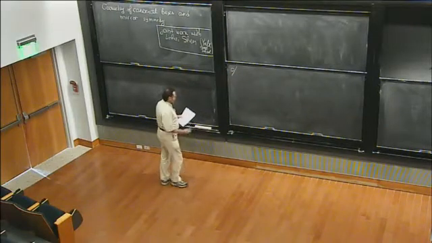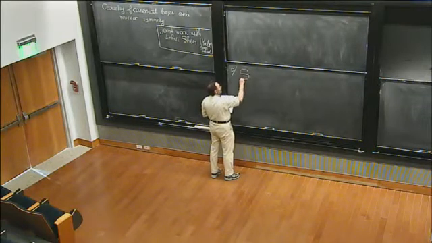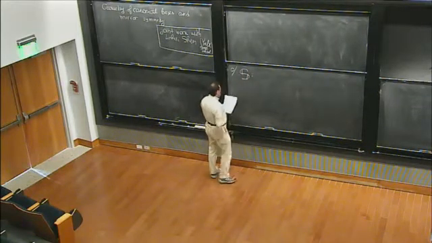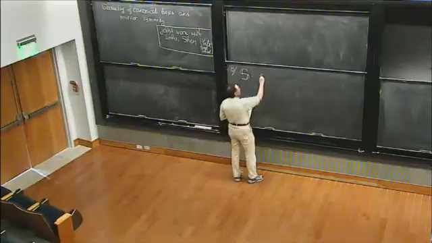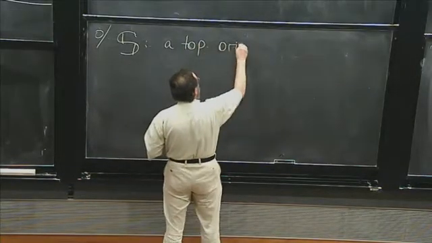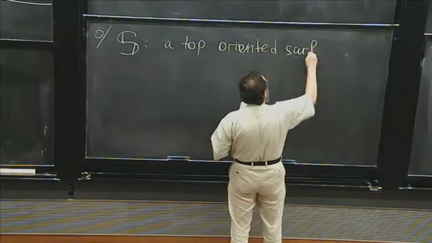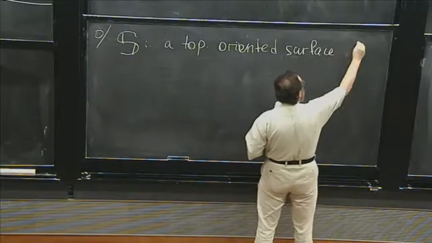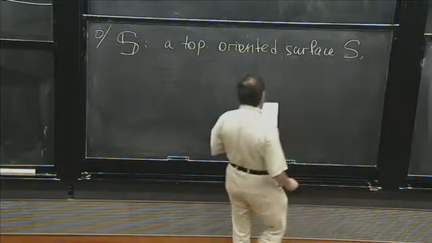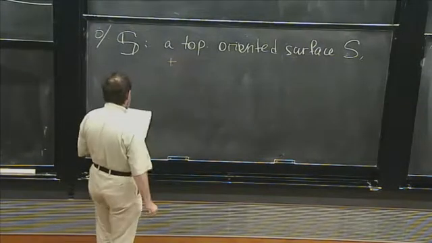So what is the initial data? I start with topological data S, which will be a topological oriented surface, for which I reserve the notation just little s, plus some little data.